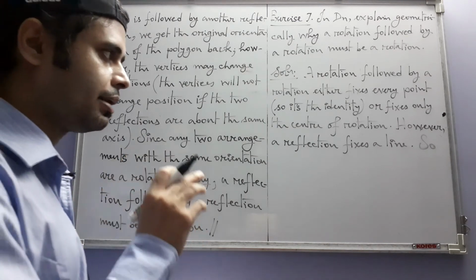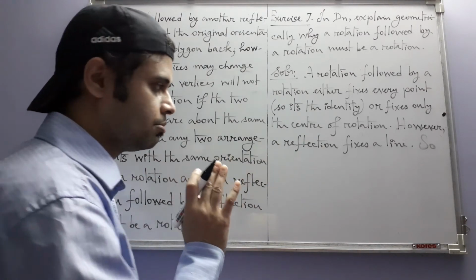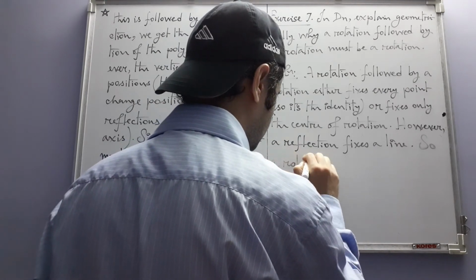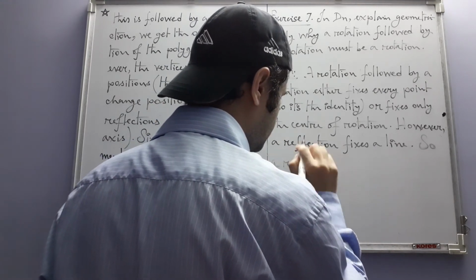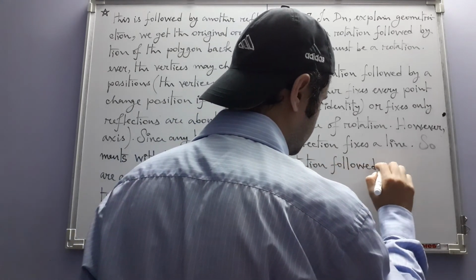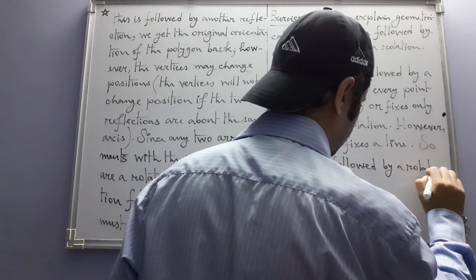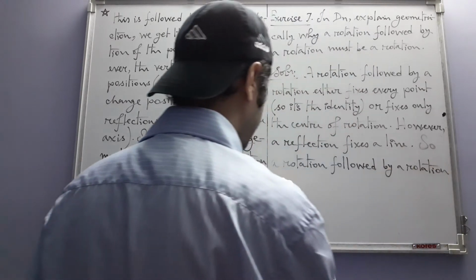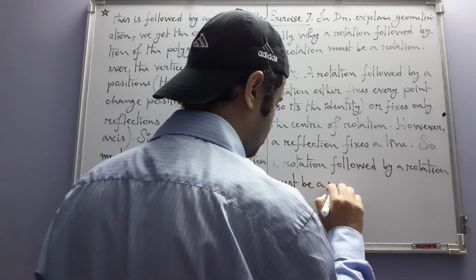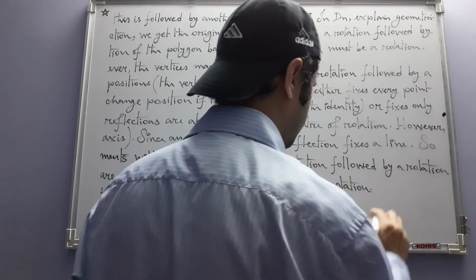So it must be either a reflection or a rotation, but it cannot be a reflection, so it has to be a rotation. So a rotation followed by a rotation must be a rotation.